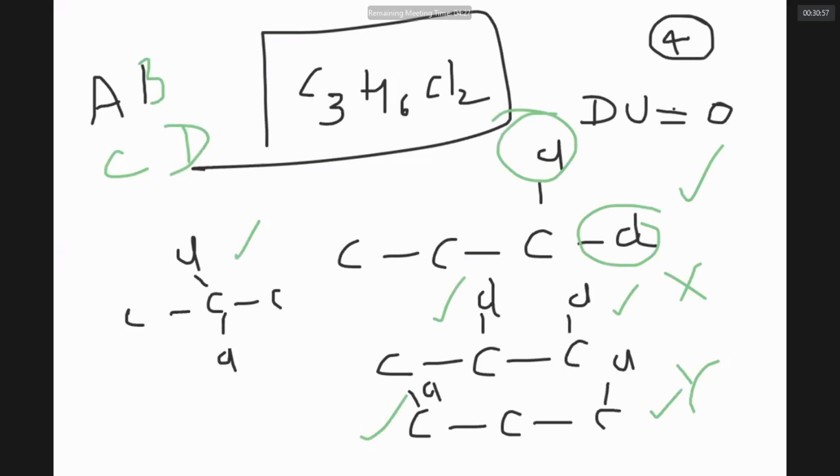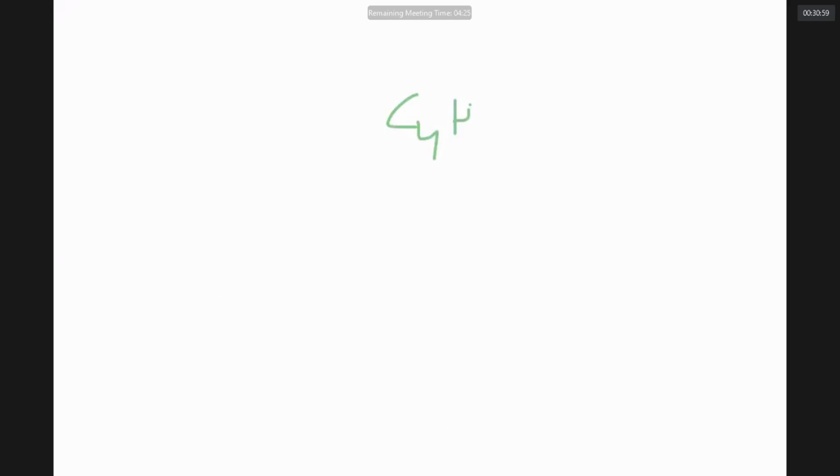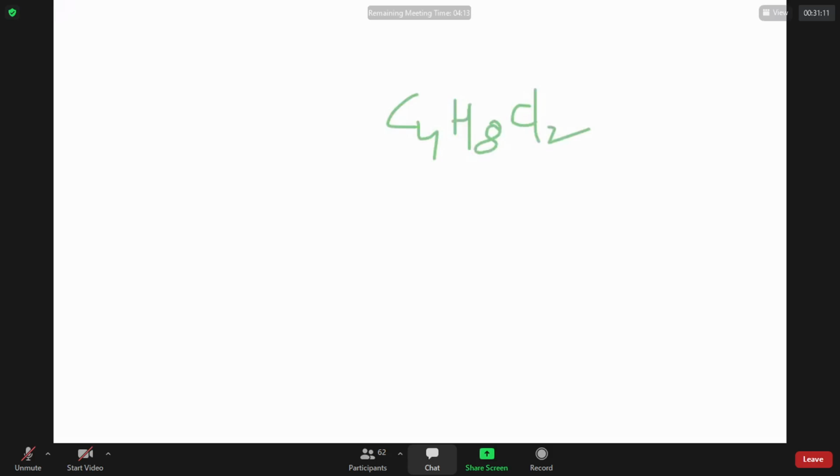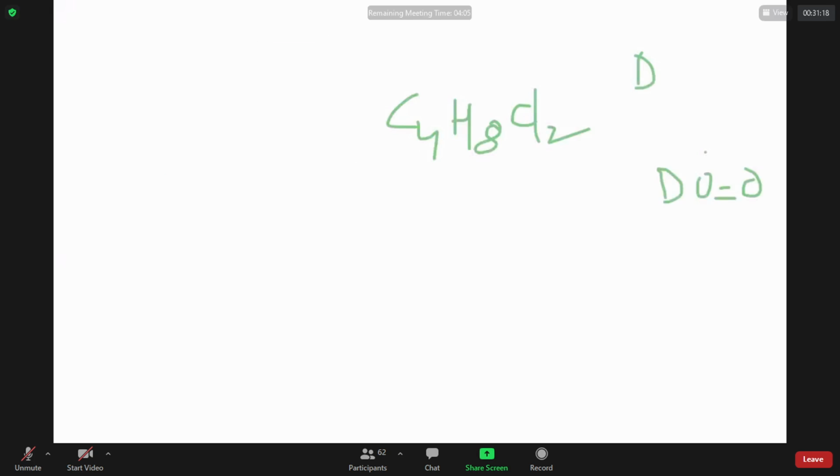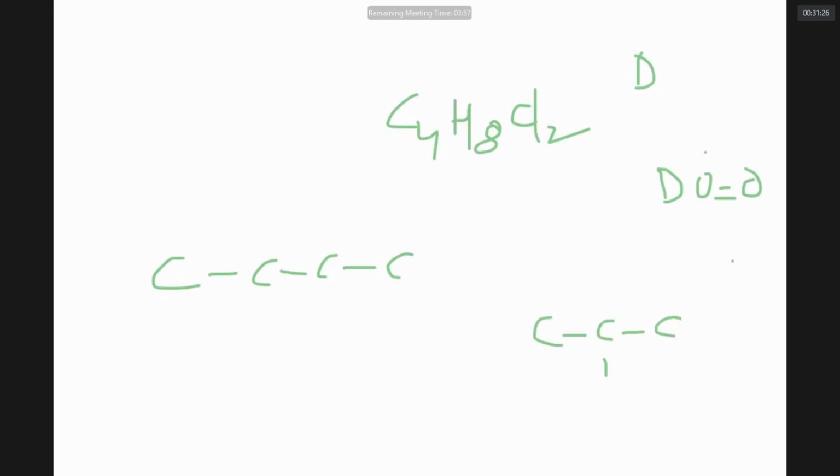The question will become really complicated if it is C4H8Cl2. How many compounds exist? Again, this formula indicates it is a saturated compound. All are single bonds. Degree of unsaturation is 0, only saturated. Now I can write 4 carbons in a straight chain. I can write 4 carbons with a branch. Now I see, I can put both Cls on carbon 1.